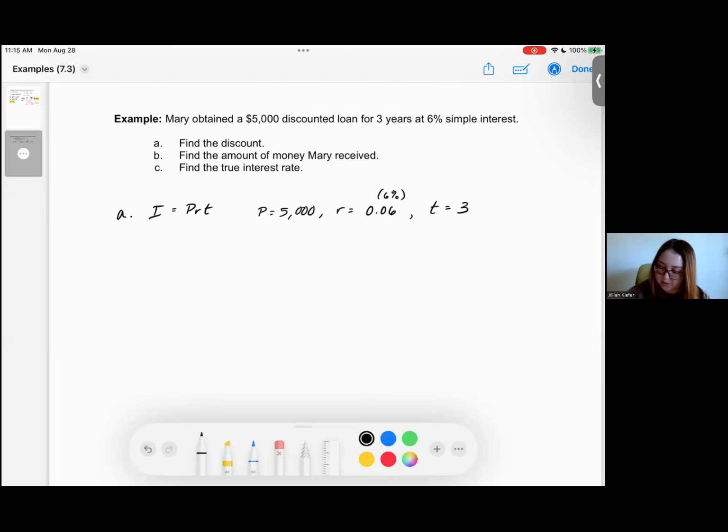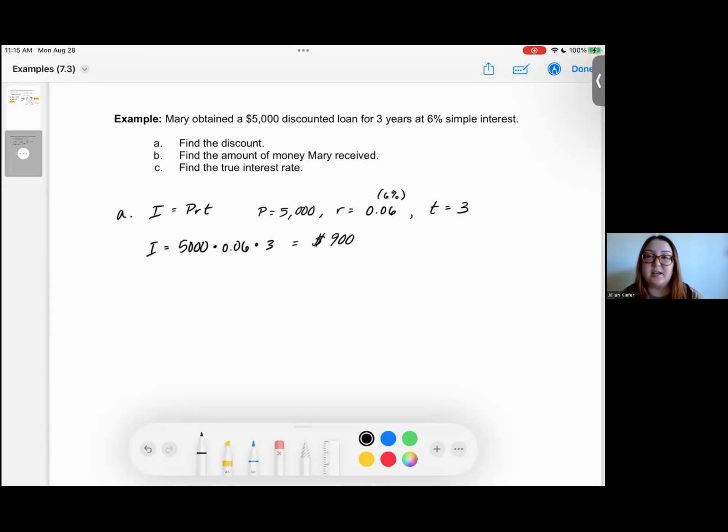All right, so we'll go ahead and plug these values in. So we get interest is equal to the principal, 5,000, times the rate, 0.06, times the time, which is 3. So plugging all these numbers into our calculator and multiplying them together, this would come out to $900.